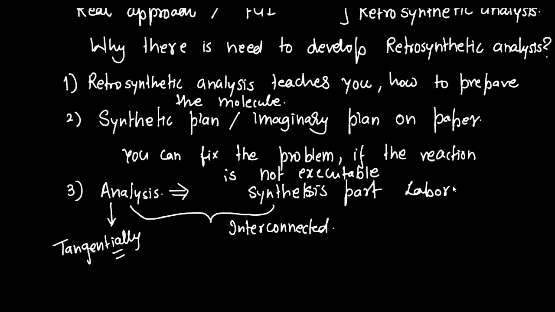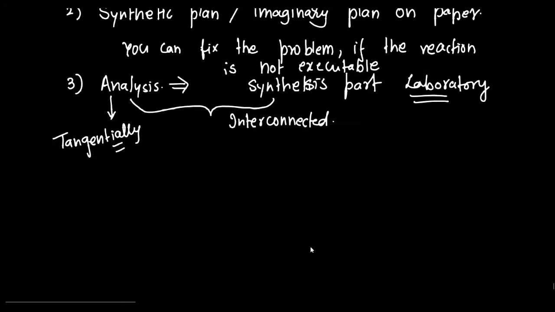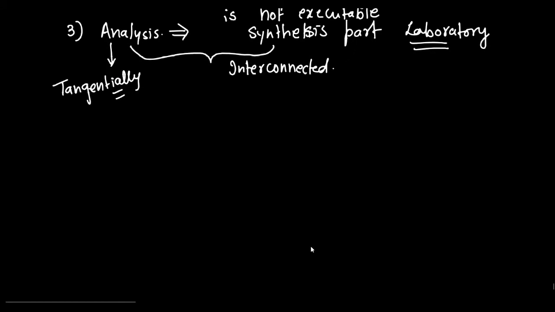So this part is the vital part in the complete retrosynthetic analysis. Whatever you have designed on your paper should be executed in the laboratory. So guys, this is the significance of the retrosynthetic analysis, why retrosynthesis has been introduced and why it is developed.